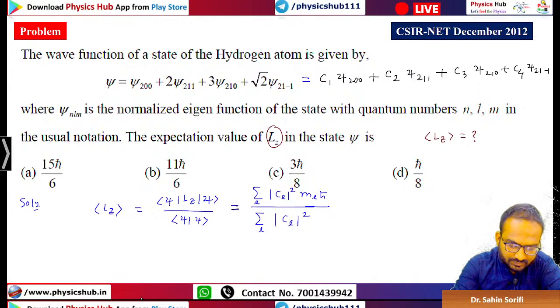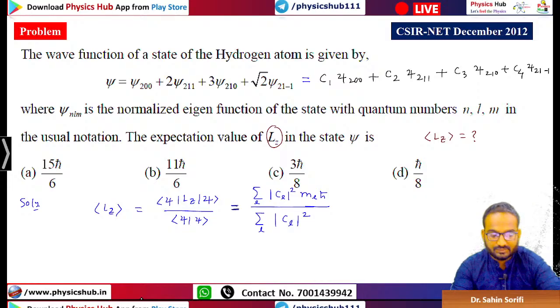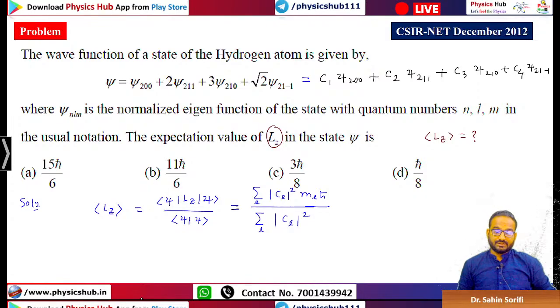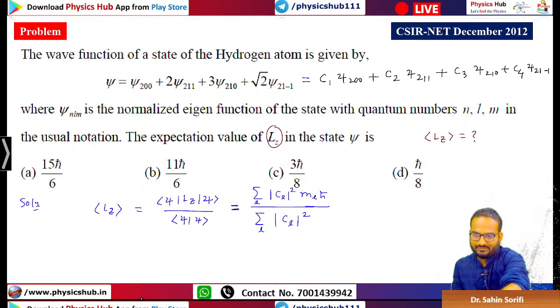Commutating operators having a common set of eigenfunctions, then how can it not be the same eigenfunction for L square and Lz in the last problem? Very good question. Commutating operators can have simultaneous eigenfunctions.